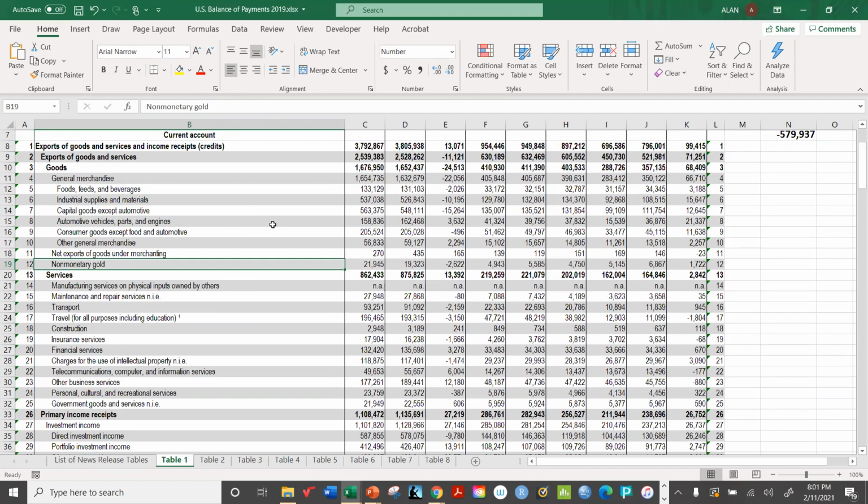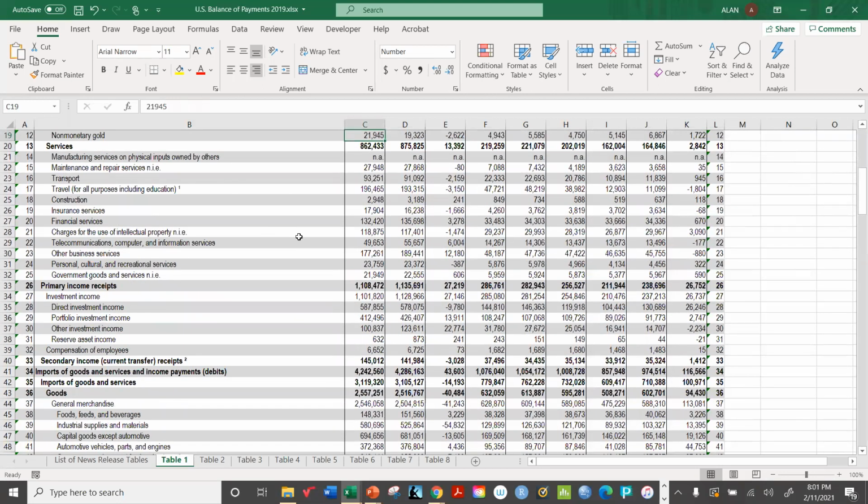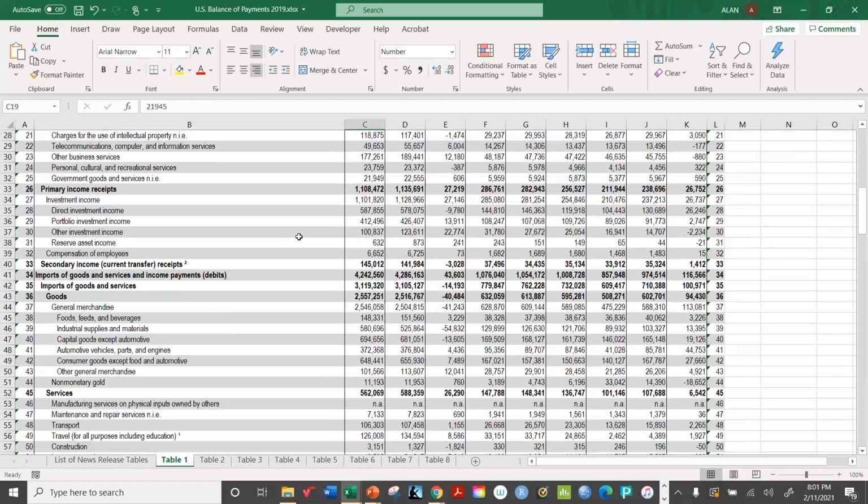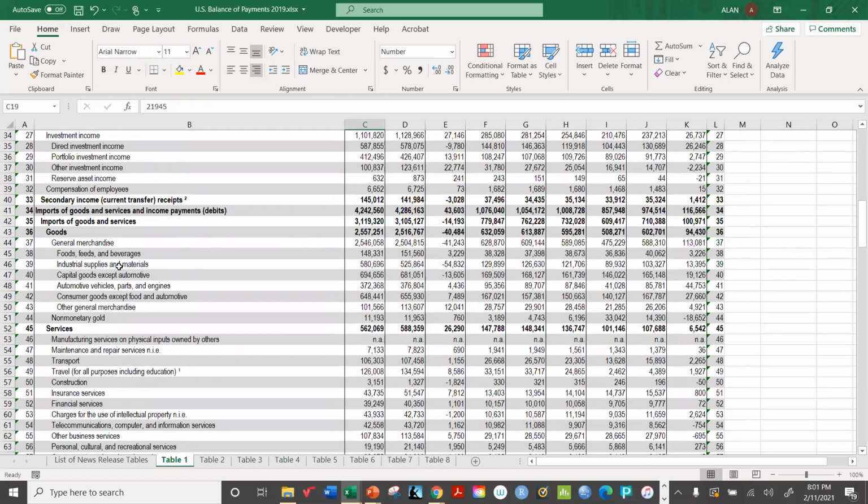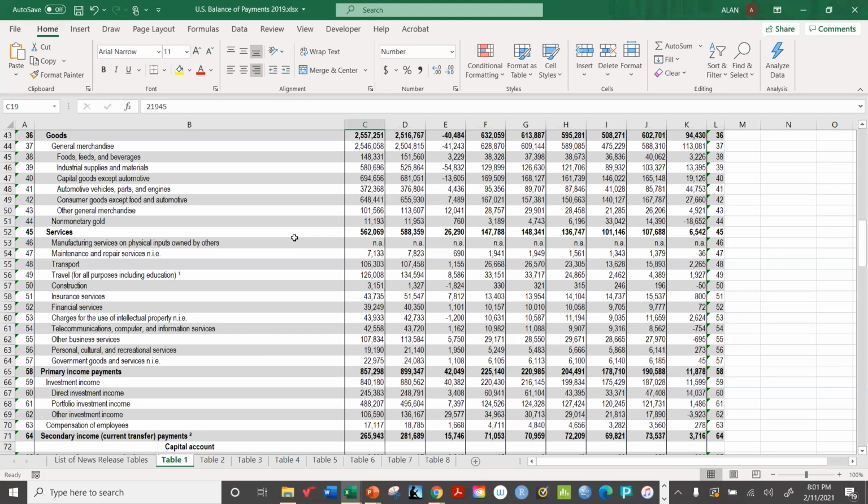That means it's probably being used for jewelry or something along those lines. And let's face it, the US does produce gold, mainly in Alaska, and it's being exported to foreigners, most likely for industrial uses or possibly for jewelry. All right. Imports, it's pretty much the same categories. It's just that the imports are more than the exports.